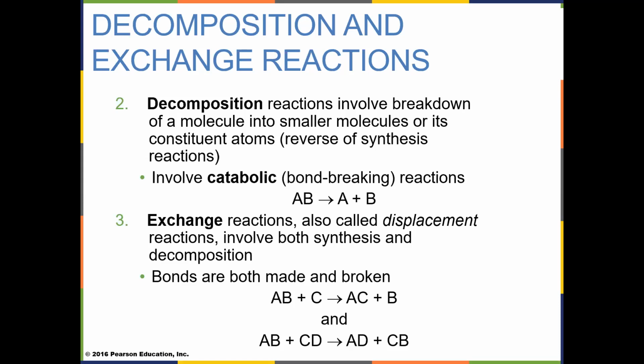For example, you can have a catabolic reaction to break down glucose, but the products of breaking down glucose are going to be carbon dioxide and water. So breaking one down and building something else up. Exchange reactions have both a synthesis side and a decomposition side, or an anabolic side and a catabolic side.